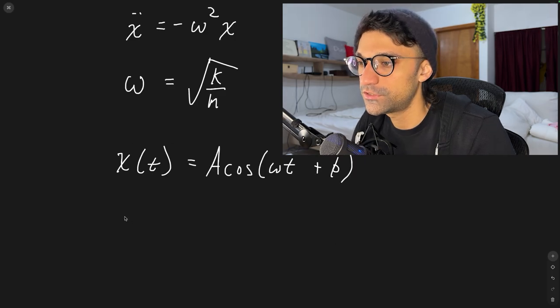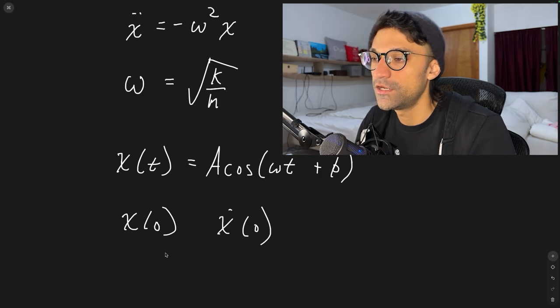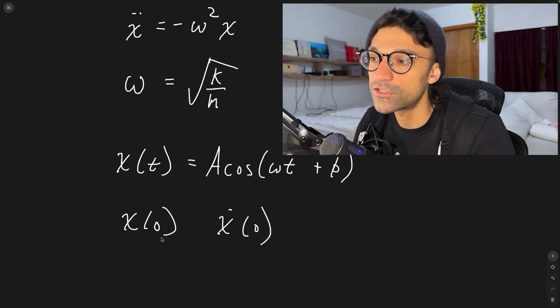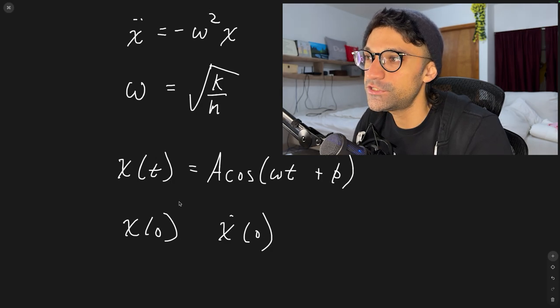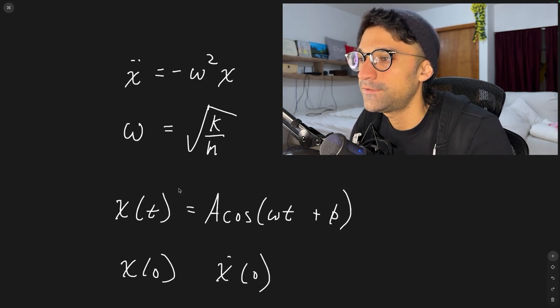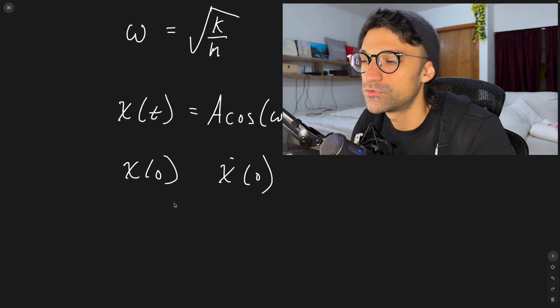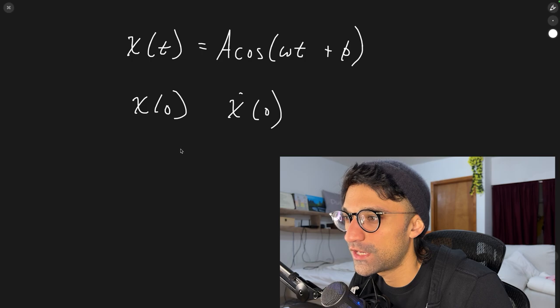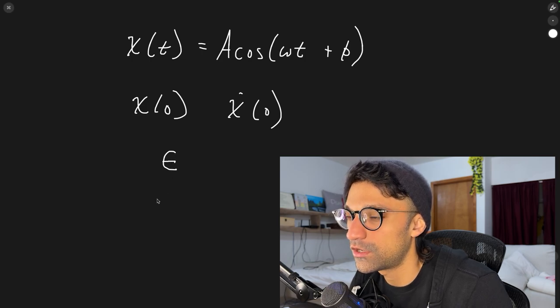So if someone told us what these values are, in other words, if someone told us how the behavior of this system starts, in addition to how it evolves, then we should be able to determine everything about the system. Let's suppose we have a small increment in time, really small, and we call it epsilon.